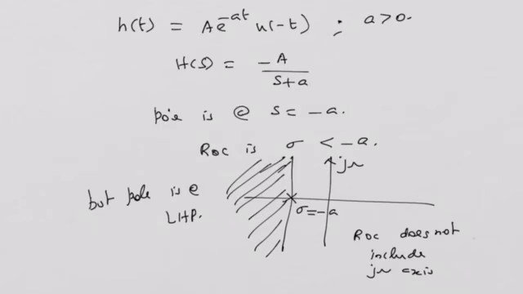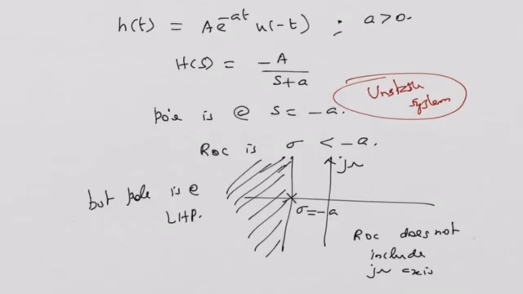Therefore, the system is an unstable system. Because for a system to be stable, the pole must lie on the left half of the S-plane and the RoC must include the imaginary axis. The condition is violated. So, that was an unstable system. Now, I'll go to the next one.